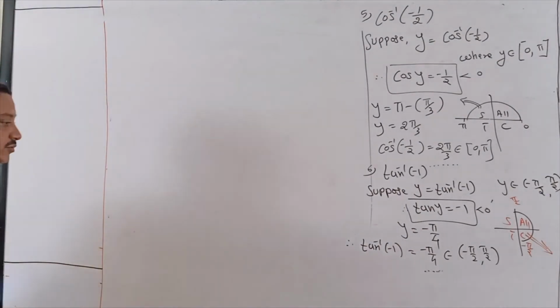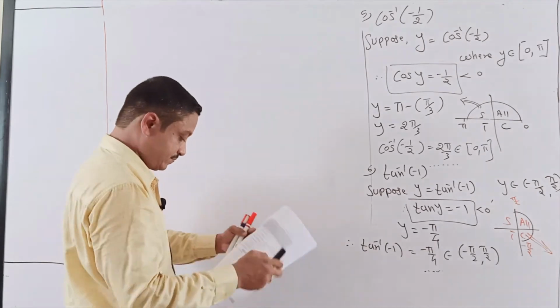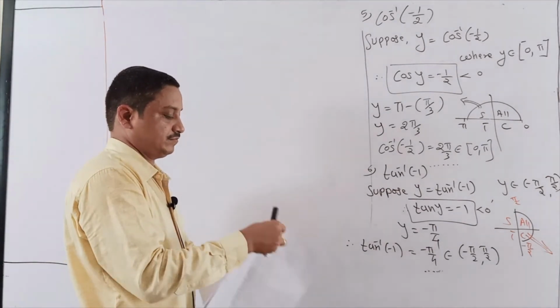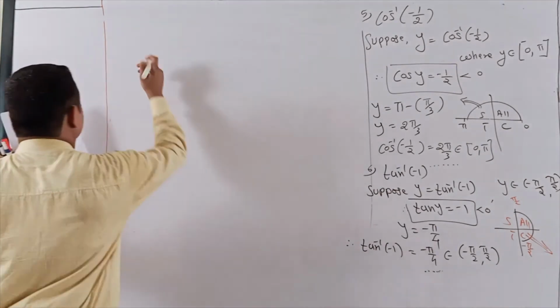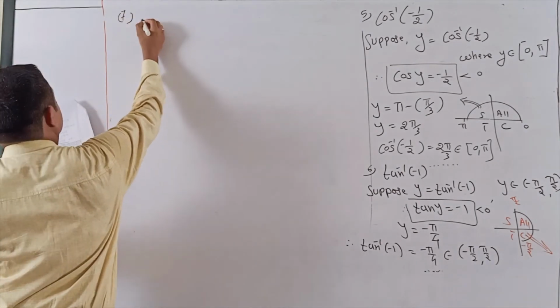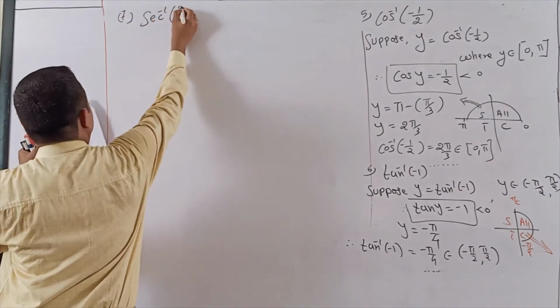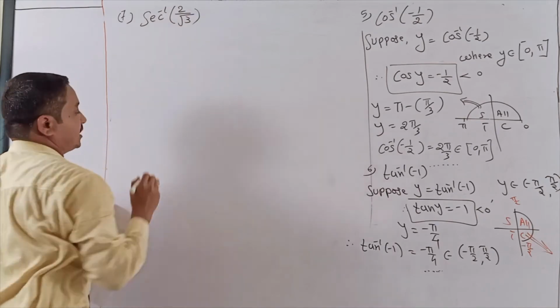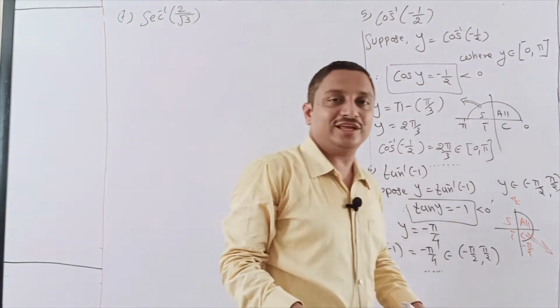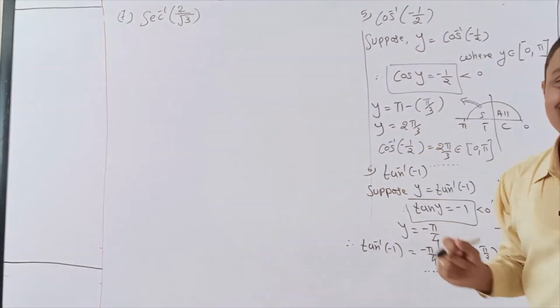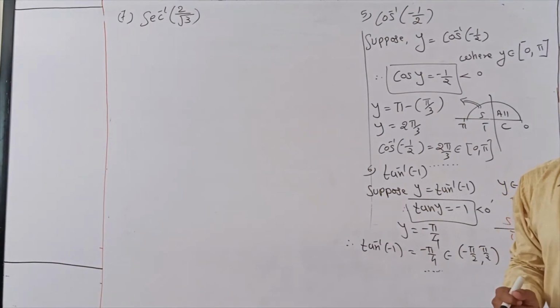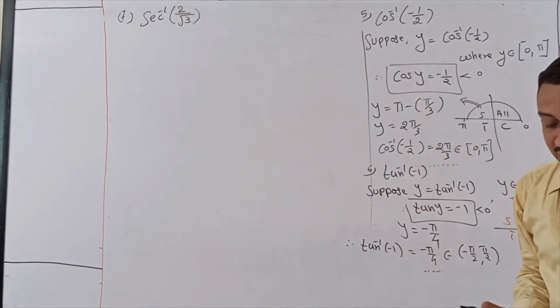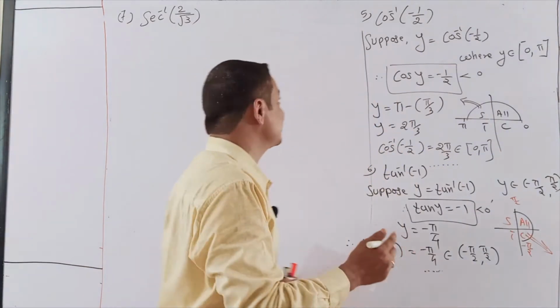Now the next one, question number 7: sec inverse of 2 by root 3. Yes, you know that 2 by root 3 corresponds to 30, because cos 30 is root 3 by 2. The answer is 30, but I go method wise.